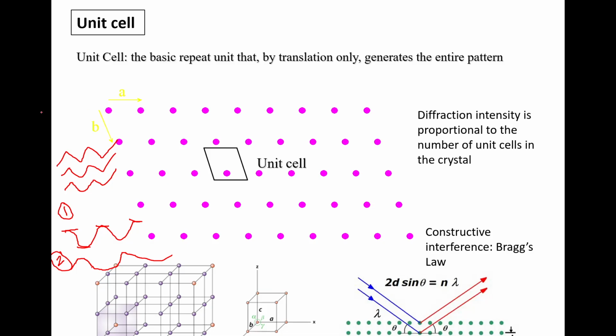So then you can ask me, sir, how can we decide whether it is a constructive or a destructive interference? Whether we will be getting any electron density or not depends upon whether it is constructive or destructive interference.